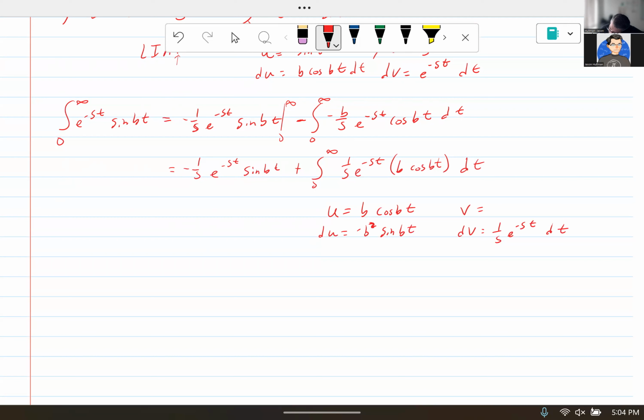And v is equal to negative 1 over s squared e to the negative st. So now this becomes negative 1 over s e to the negative st sine bt, minus b over s squared e to the negative st cosine bt.